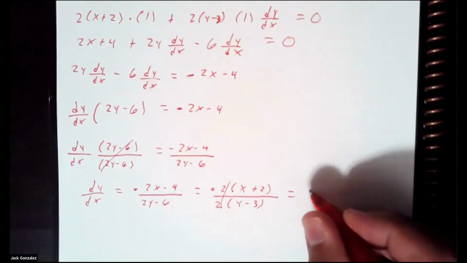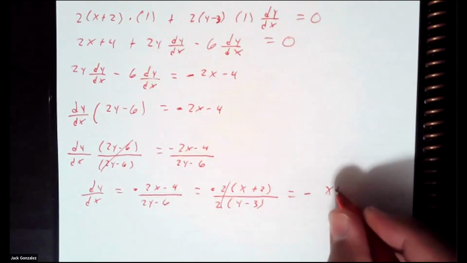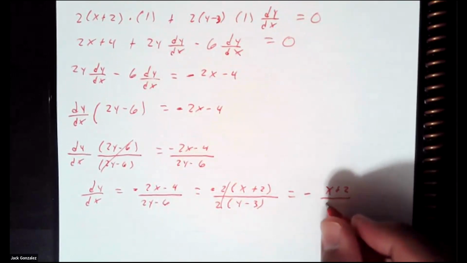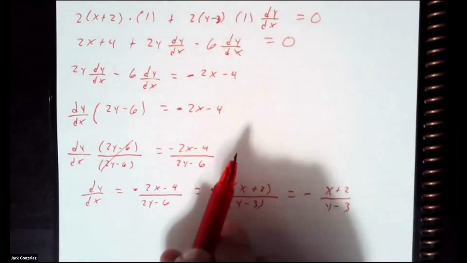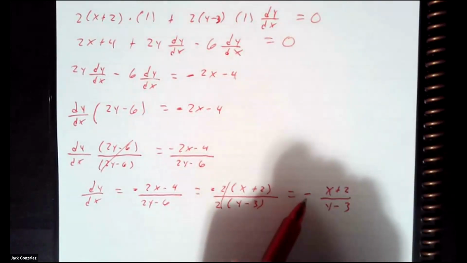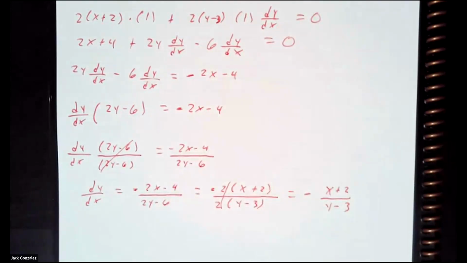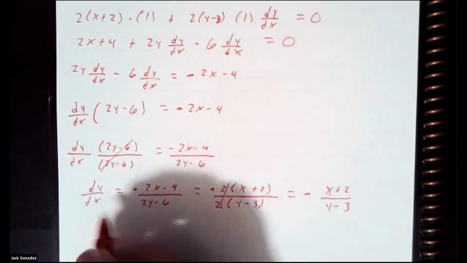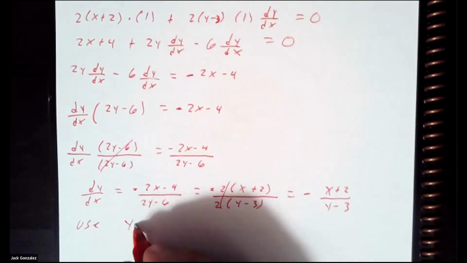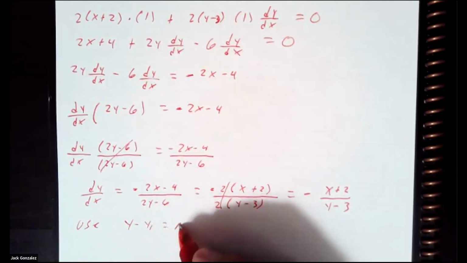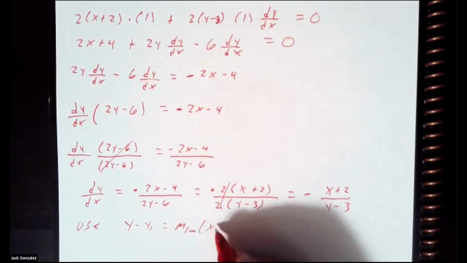Okay, so you'll end up with negative (x plus 2) over (y minus 3). Then we need to use this formula: y minus y1 is equal to m tangent times x minus x1.